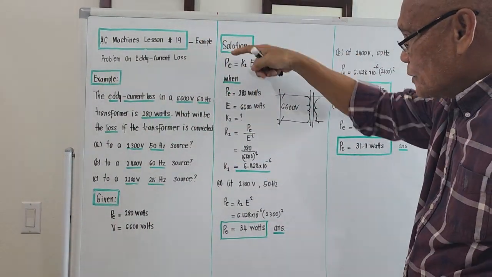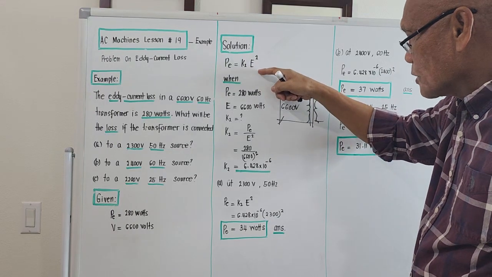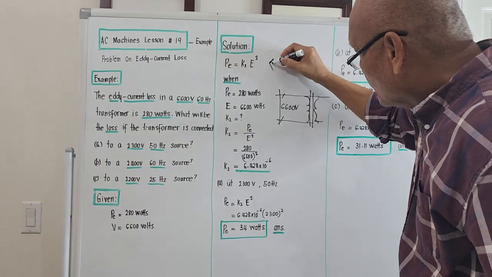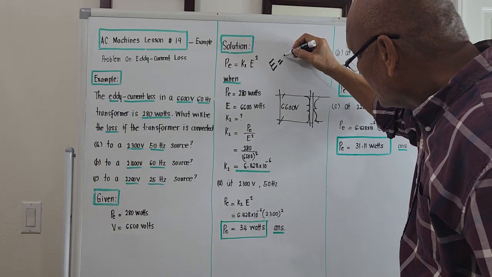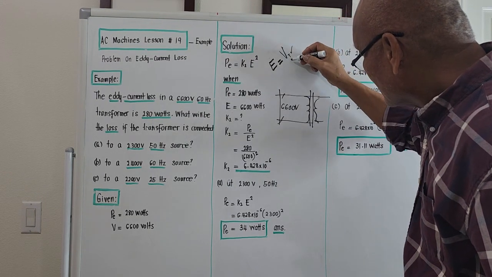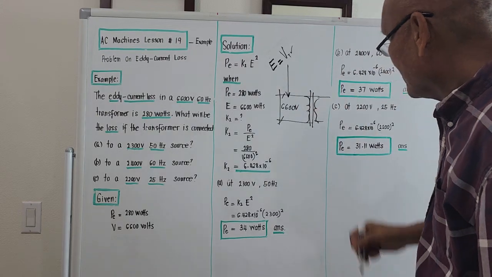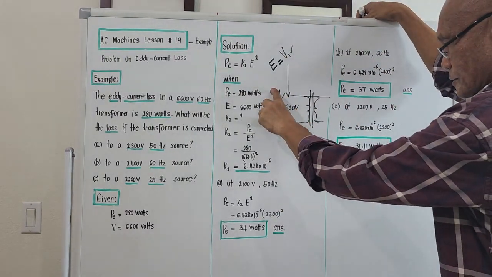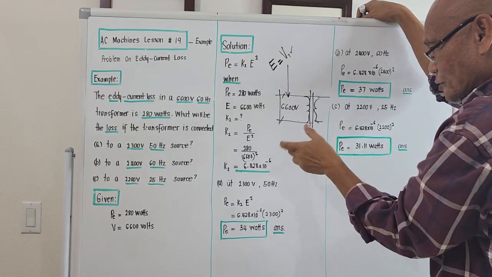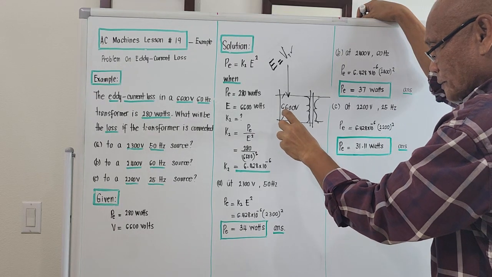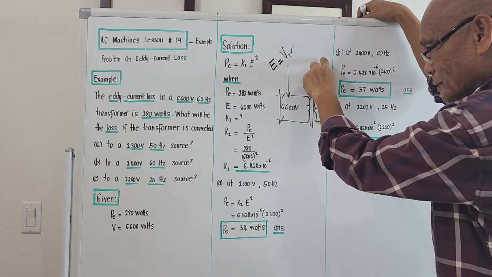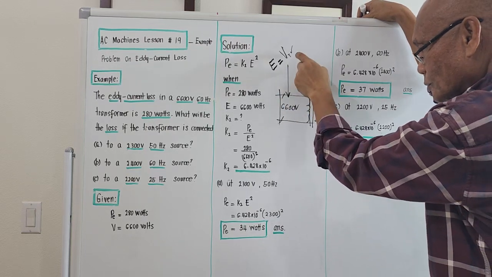Capital letter P with the subscript E will be K2 times the square of the induced voltage E. Because this is the terminal voltage, the induced voltage on the winding is E, but for simplicity of solution, since there are no other parameters given to compute for E, we will assume that E is equal to the terminal voltage.